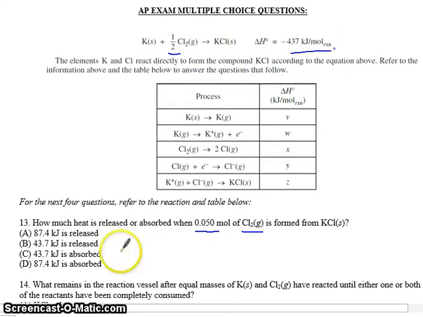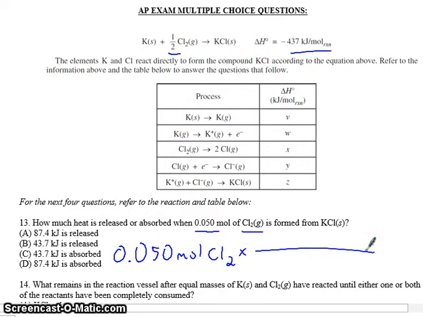So for stoichiometry, remember, we simply want to convert from moles of, in this case, Cl2 into heat. Now the relationship is 1/2 mole gives you negative 437 kilojoules. And the idea is you're dividing 0.050 by 1/2.